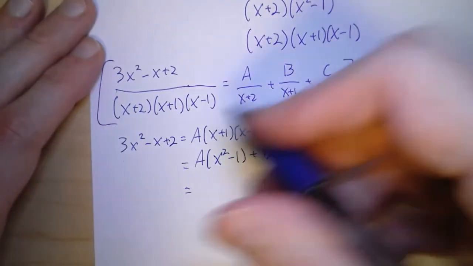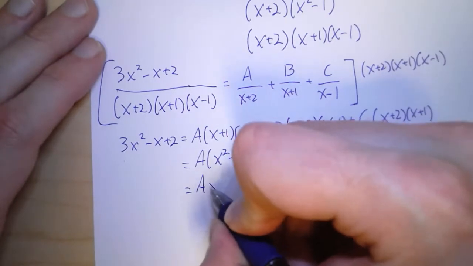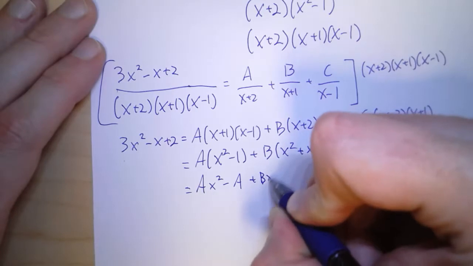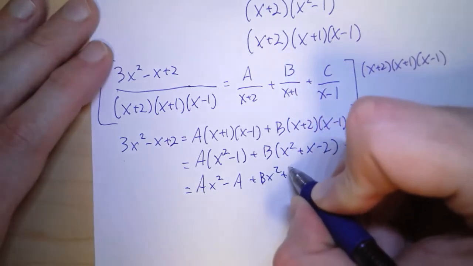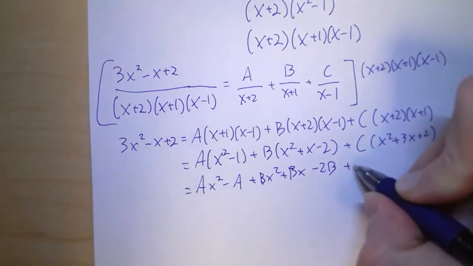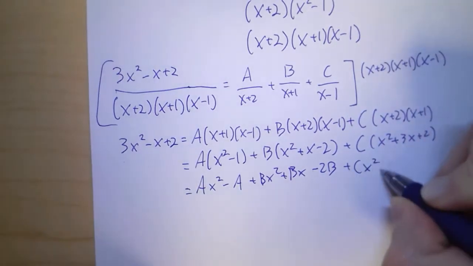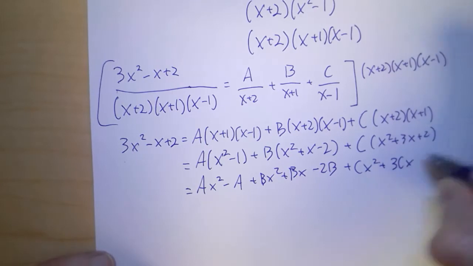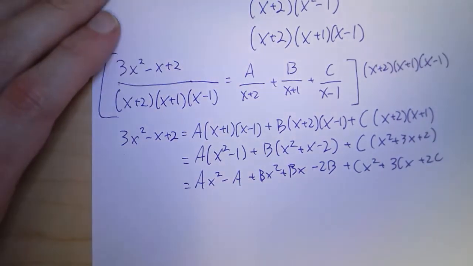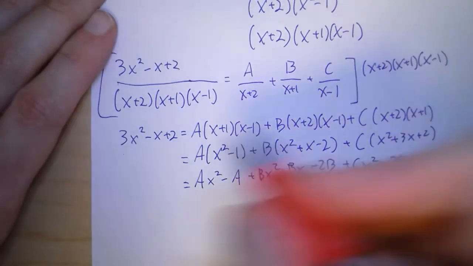So when we expand this out, we have ax squared minus a plus bx squared plus bx minus 2b plus cx squared plus 3cx plus 2c. So quite a lot going on here, and let's keep track of it all.